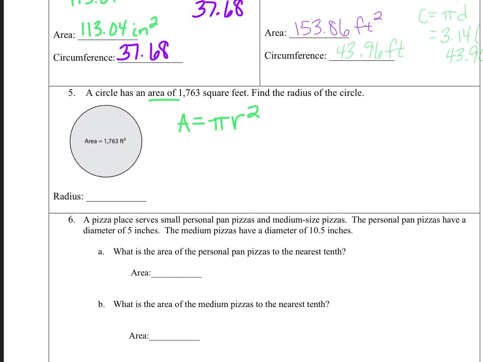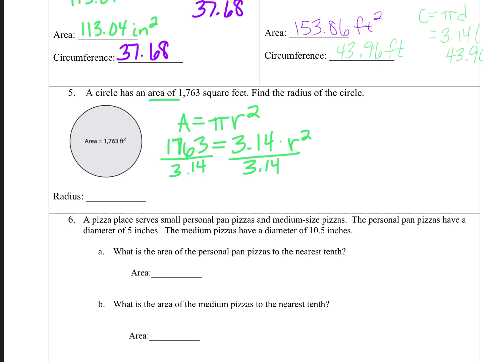We know the area is 1763. Equals, we know what pi is, 3.14 times radius squared. That's what we don't know. We're going to divide by 3.14.